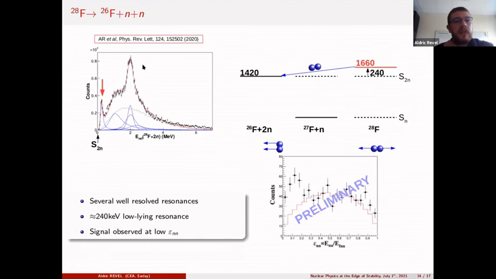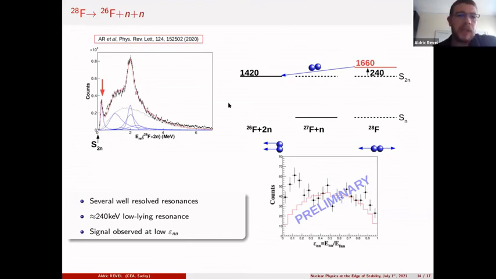Another case that has been studied in the same experiment, by me this time, is fluorine-28. Nakamura-san earlier showed the 1 neutron decay, but we could also populate higher excited state resonances above the 2 neutron emission threshold that decay by the emission of 2 neutrons toward fluorine-26.